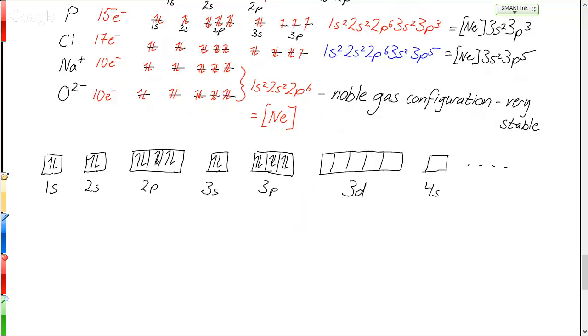Well, it would make most sense for it to go in the 3d. But in fact, what happens in that final atom is it goes in the 4s instead. So the configuration for potassium starts with argon, which is this. And then we add 4s1. So not 3d.